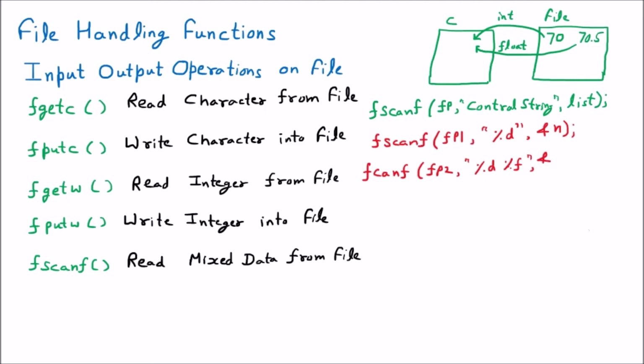One is, let us suppose, marks, comma, one is the average. So assuming that there are two variables, one is marks here and one is average. Now the value of marks will be now 70 and the value of average will be now 70.5.